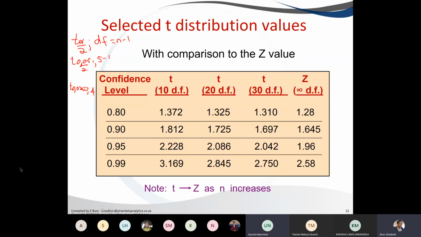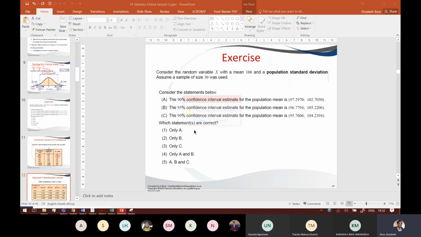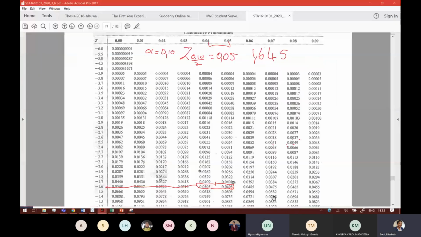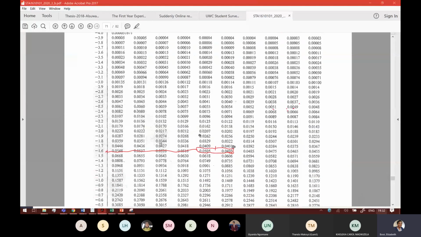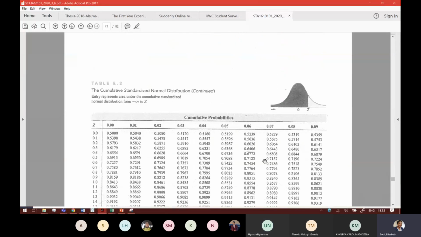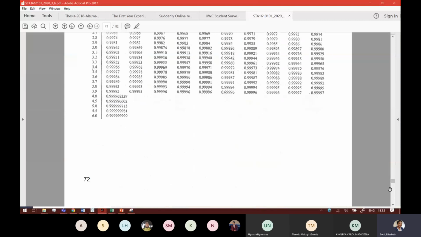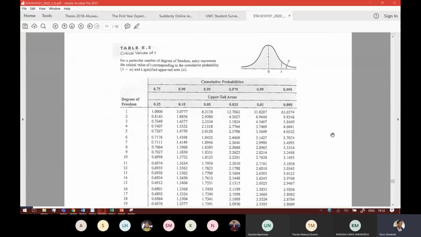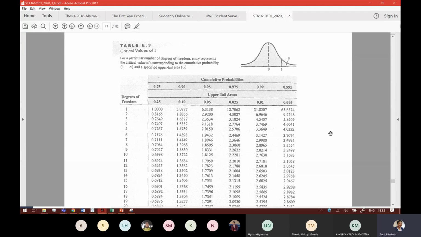So we need to go into the T table. You will find a table just after this one. It will be called T, critical values of T. On the critical values of T, you're going to ignore what is at the top, the cumulative probabilities. We're not using that.